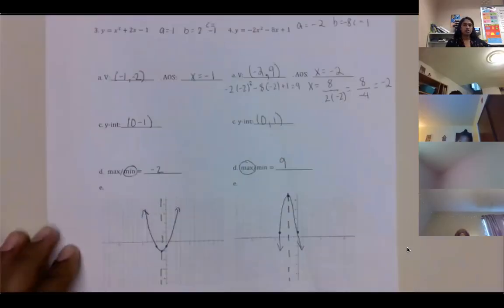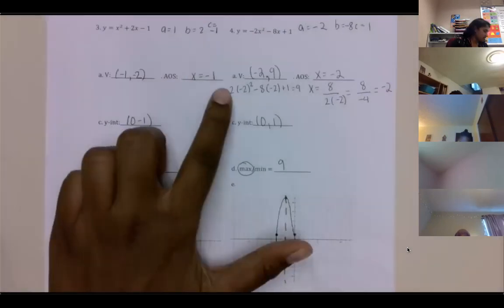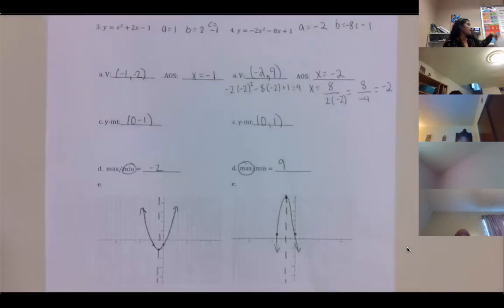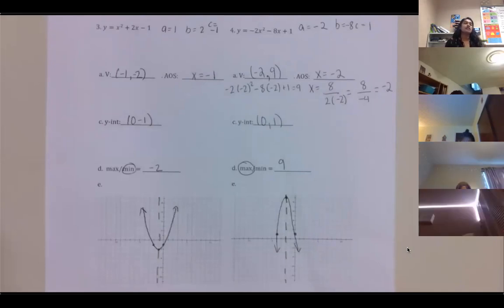Okay, so almost. I think you plugged in your axis of symmetry incorrectly because you should have gotten 9 when you plugged it in. So the vertex should be at -2, 9. Also going to change your maximum value. But other than that, everything looks good. Any questions about number 4?